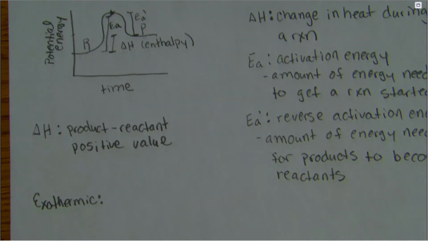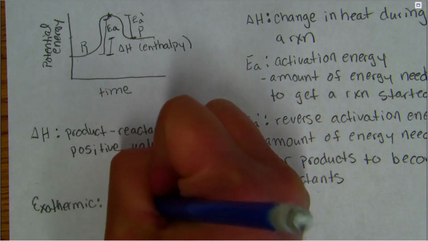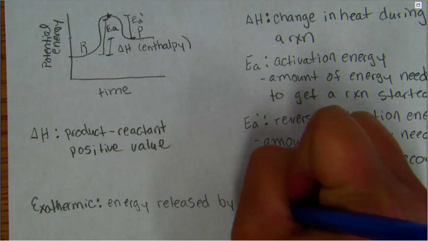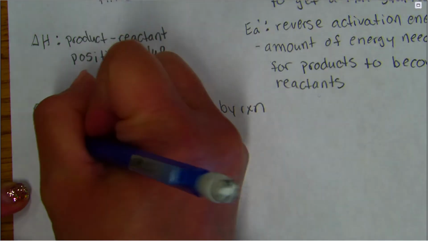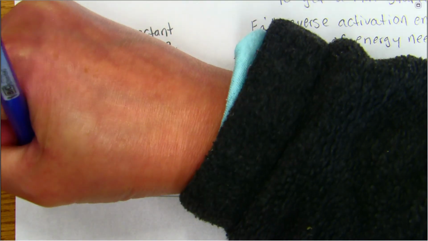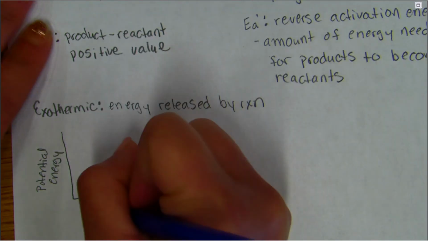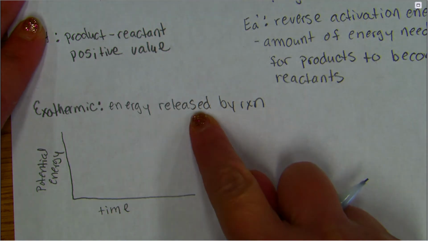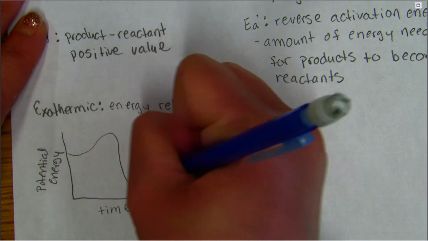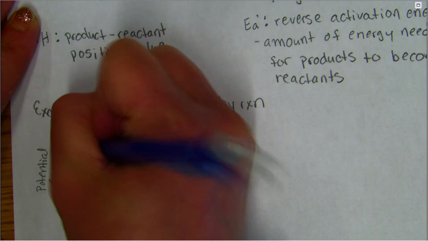And in an exothermic reaction, energy is released by the reaction. So if we were to draw our same type of graph where we have our potential energy on the y-axis and our time on the x-axis, if we are releasing energy, then we're going to see a graph that looks something like this, where the products will have overall less energy than the reactants.